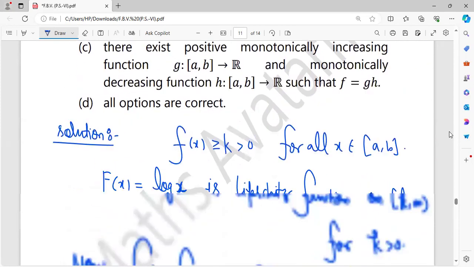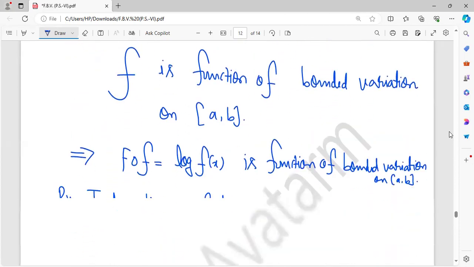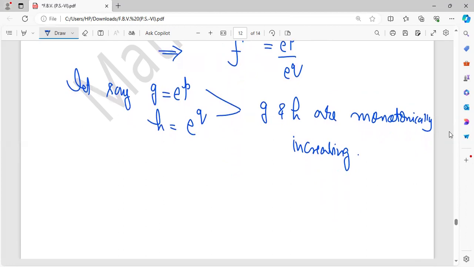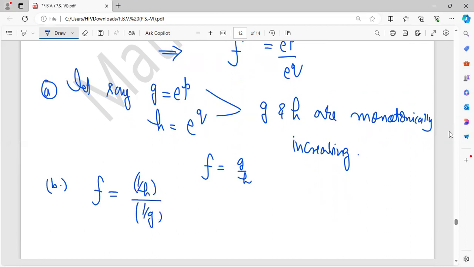Okay. f is equal to g by h. So this is A part. Now B. So if g is monotonically increasing, I can write it like 1 upon h, 1 upon g. Now I can say g is equal to 1 upon h and h is equal to 1 upon g.